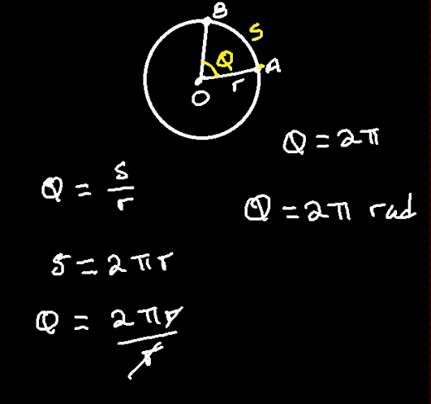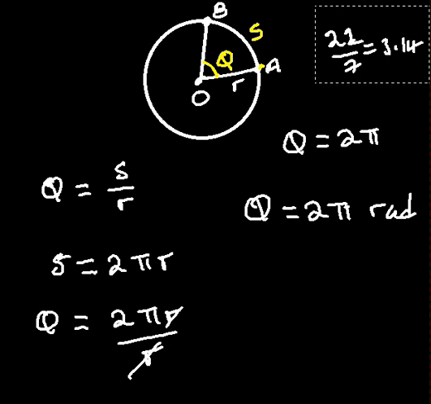So angles can be measured in radian measures. Take note of that, where pi represents 22 over 7, which is the same as 3.14. Of course, you should know the value of pi as it stands.